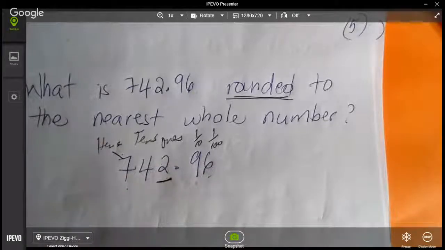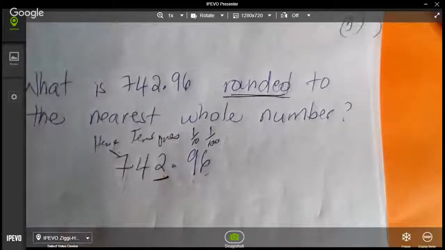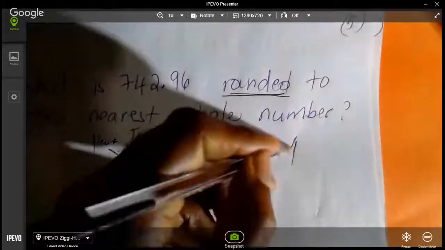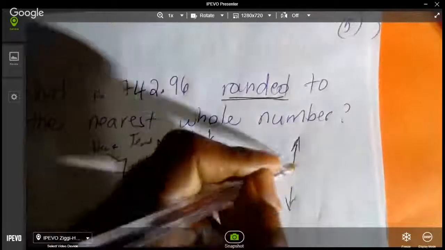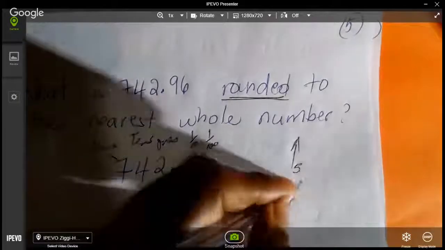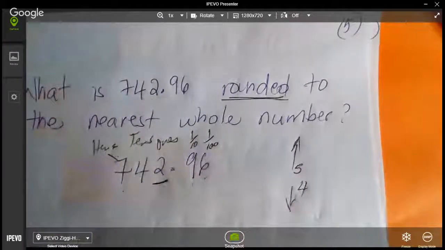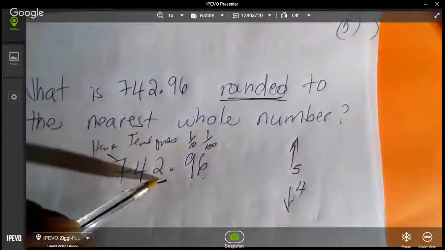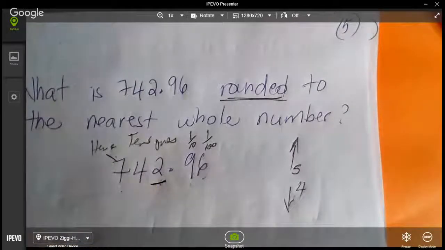So if we are rounding to the nearest whole number, we need to look at the 2. And then what do we have as a rule? Remember, we need to have a rounding up group and a rounding down group. If it's 5 or more, we round up. And if it is 4 or less, we round down. All right, so here is the number that we're rounding to. What does the rule say?